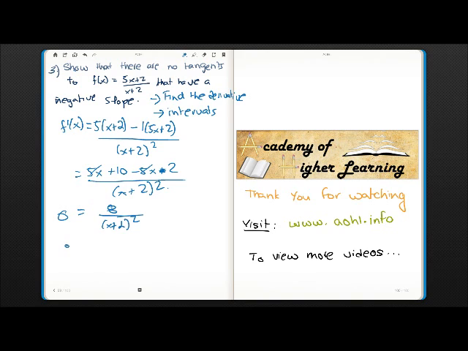So therefore the derivative function f prime of x is always positive, and thus no negative slopes.